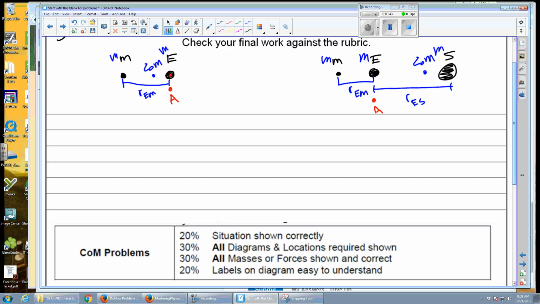Any questions on the Y? Yes. So is R the radius of the Earth and Moon? Yep. And then what is the point of reference, is A? Yep. Well, in the center of mass, all the locations are measured from the same point, so they'd all be valid. So we always have a reference point. On every diagram that we've done up to this point, we've put a reference point, and we've labeled them all A. Why A?